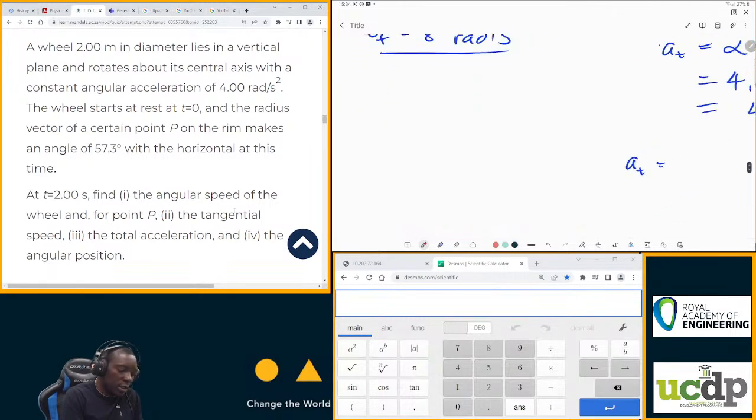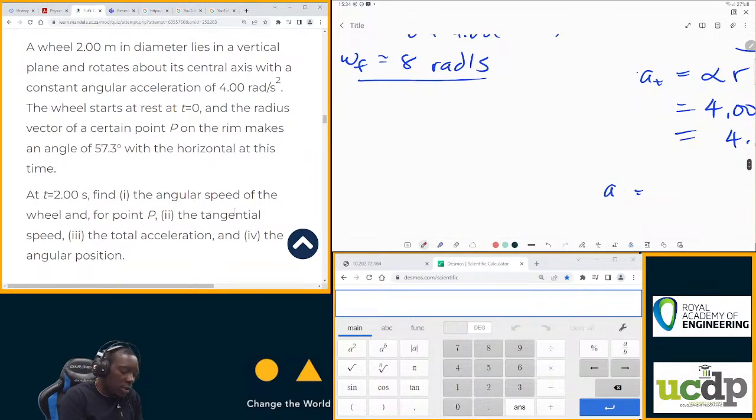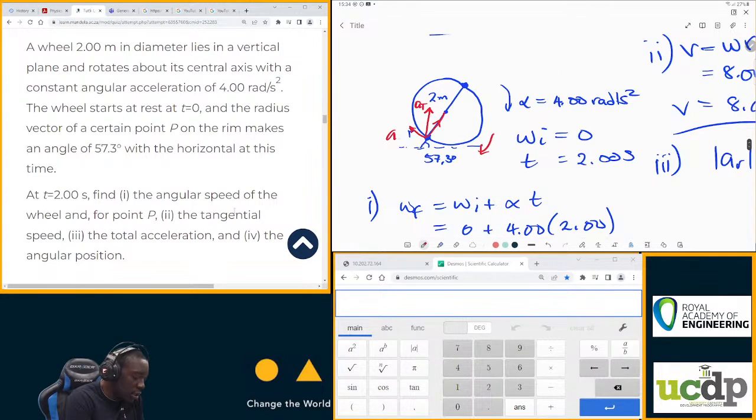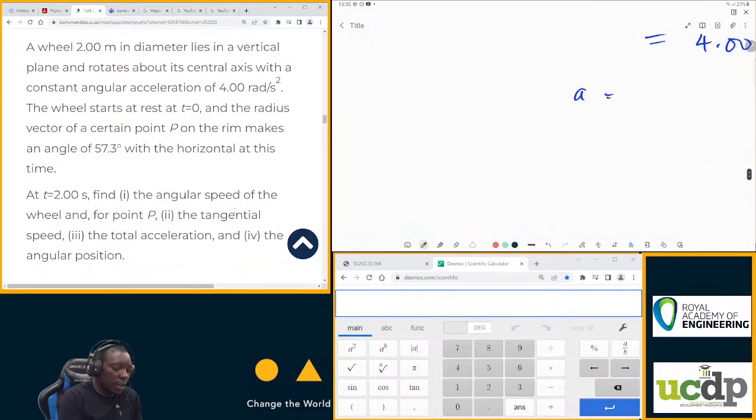Let me just call it A, and the components are A tangential and AC. So our resultant here will be the square root of AT squared plus AC squared, which is the root of 4 squared plus 64 squared.